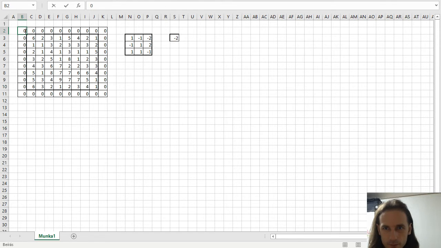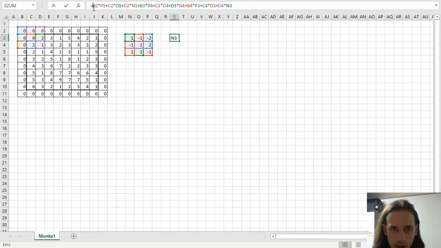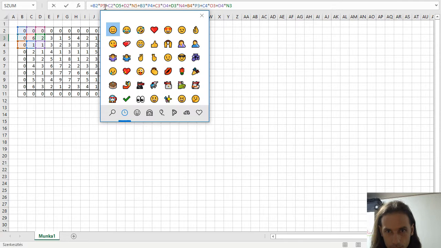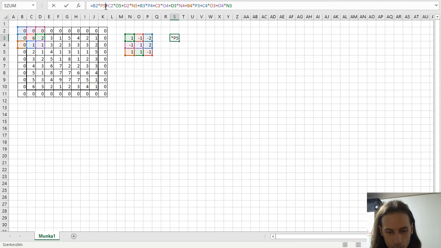Okay, it's time to move these little cells one by one. This is going to be the top left corner of our output, and I should be putting the dollar signs here.